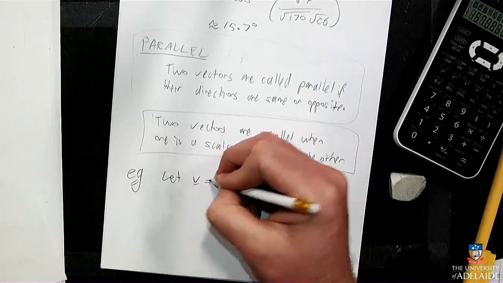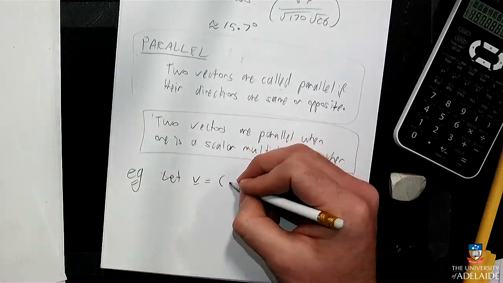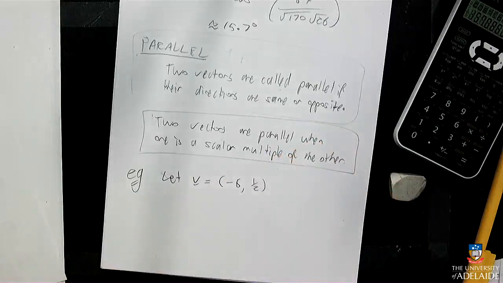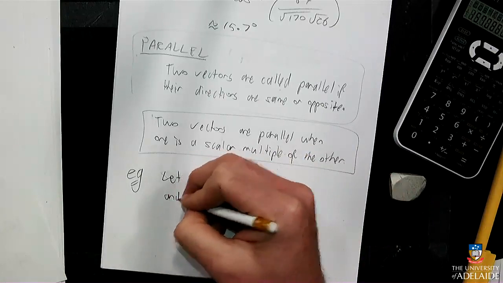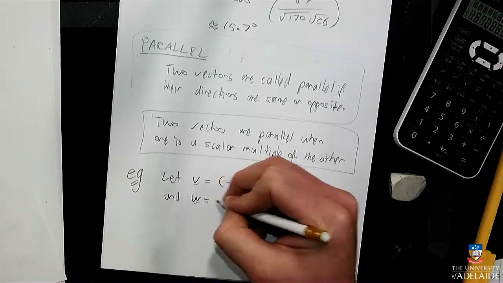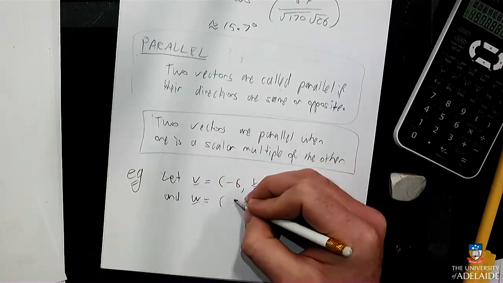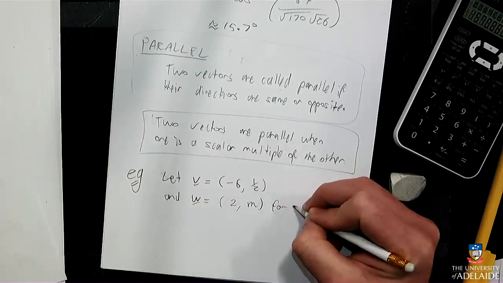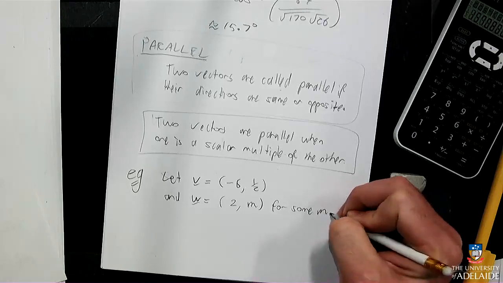Let V be (-6, 0.5). And W is (2, m) for some m.